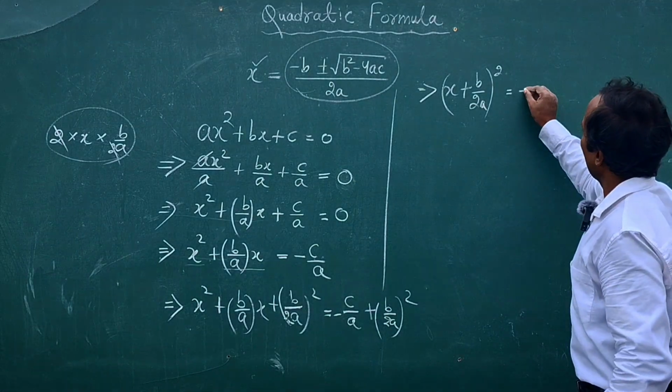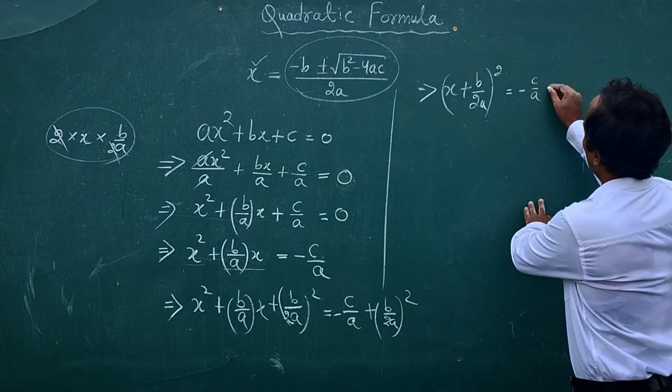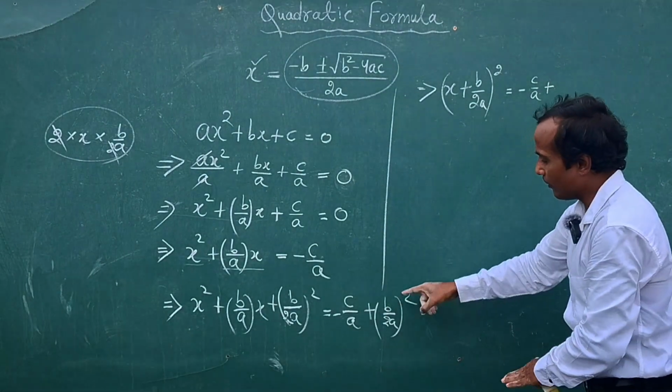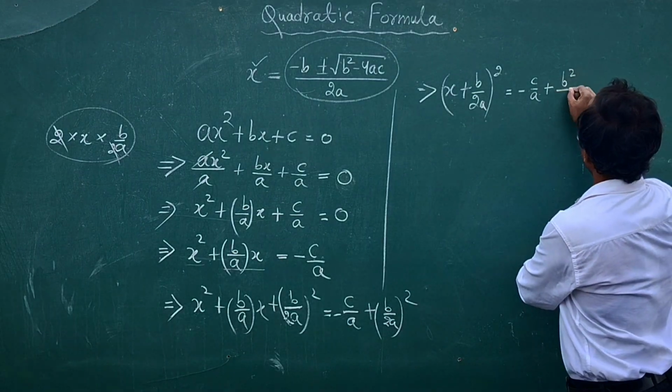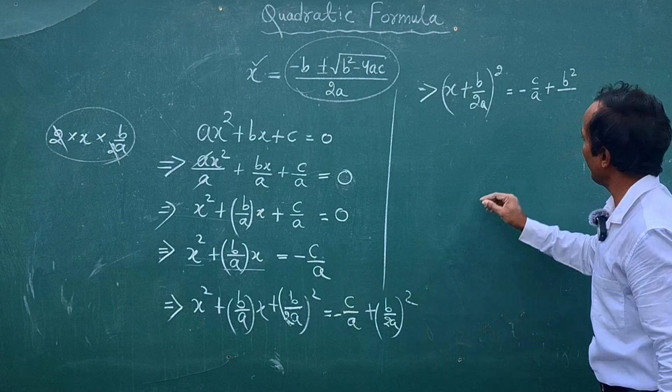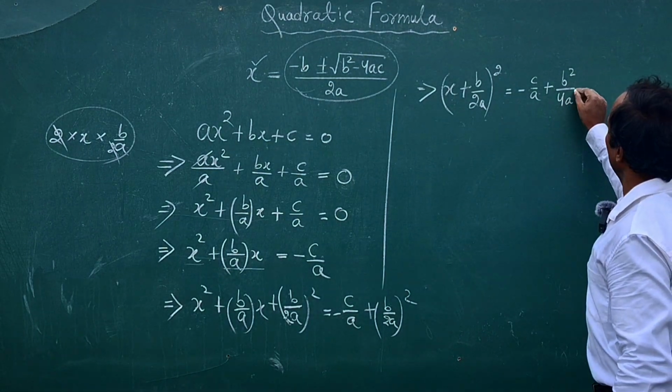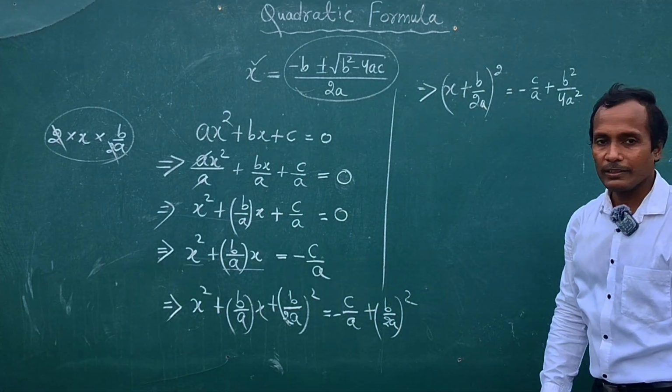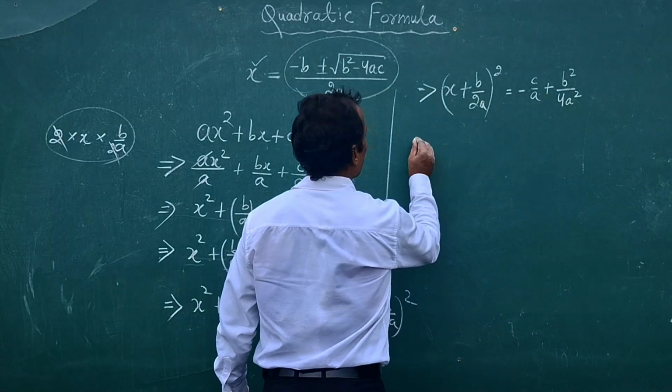So I will write minus c by a plus square of b is b square by 2a square, 2 square is 4 and a square, 4a square. I have this. Now you see what we do.